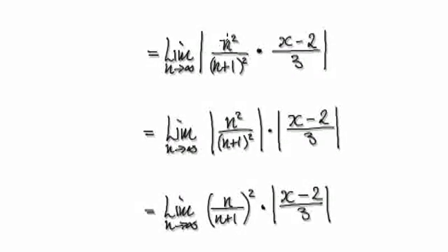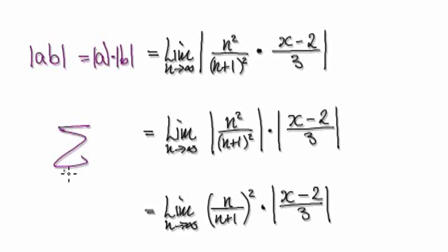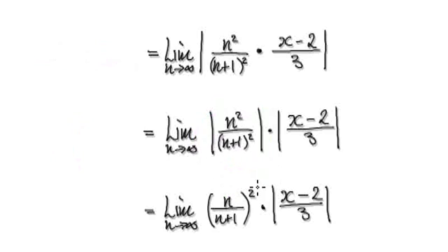Then remember, the absolute value of A times B is the same as the absolute value of A times the absolute value of B. So that's the same as this, and then remember, n is from 1 to infinity, so n is always positive, so you don't really need this. So this thing here will then become this.